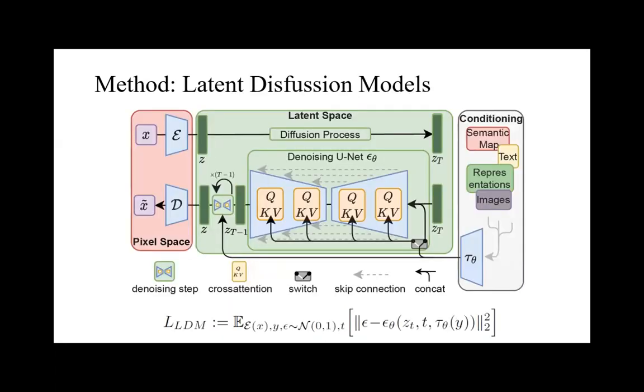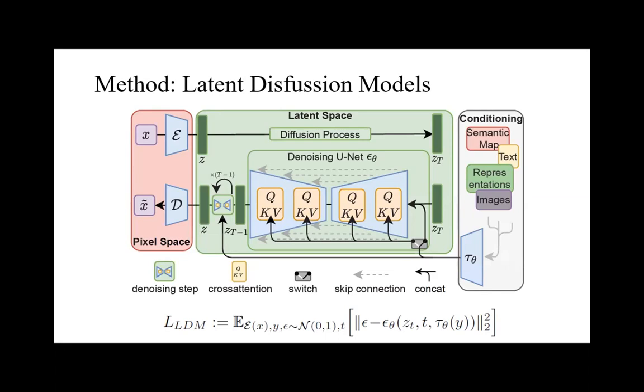Are the weights of the UNet shared at each time step? Yeah, so this UNet is the same for all the steps. So basically you just have one UNet with the skip connections and with the cross-attention mechanism.